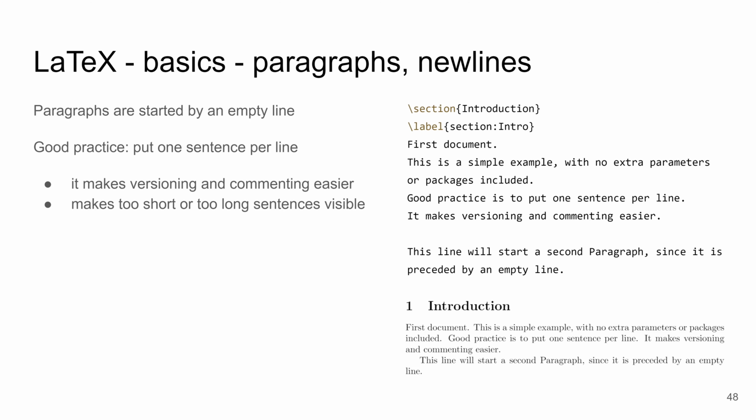So if you have one sentence per line, you can focus your comments and changes quite nicely. If your line is very long and contains the whole paragraph, then it is hard to work with and collaborate on. So a good practice when you are writing your thesis, for instance, is to put each sentence on a separate line.